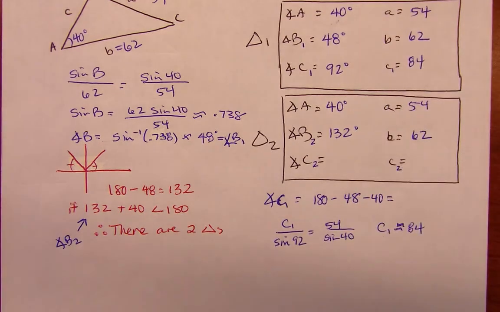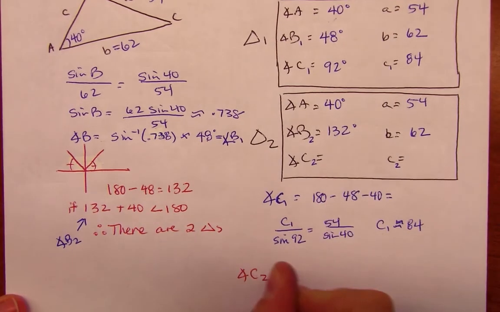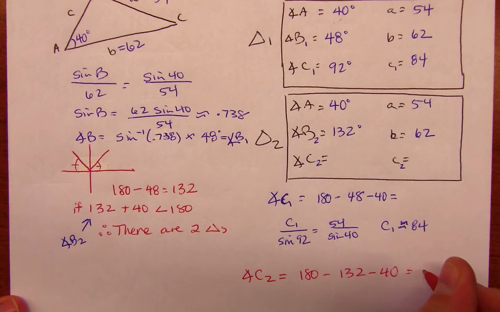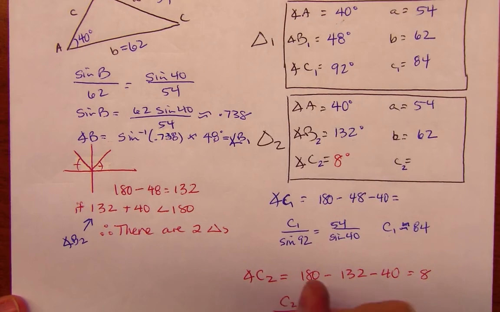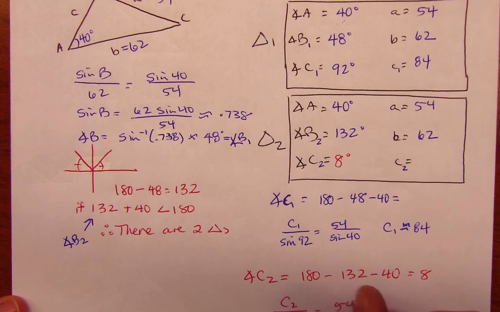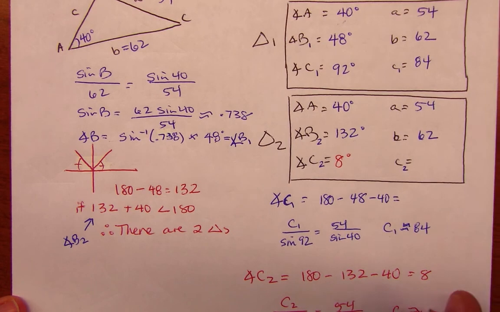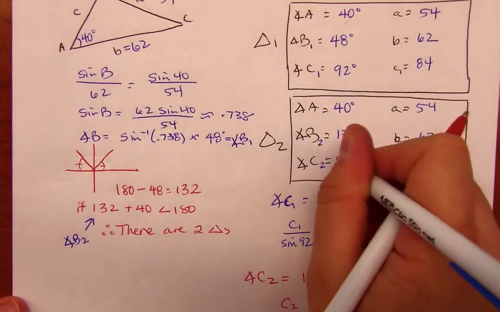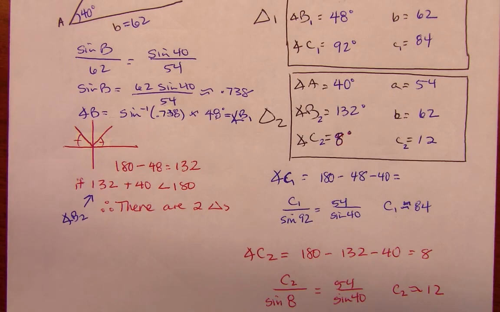Okay. Now we can do the same thing for C2. So angle C2 is 180 minus 132 minus 40, and that would be 8. And then sine of 8 equals c2 over... 54 over sine 40, and c2 will be about 12. Okay, and that's how we address the ambiguous case when we have two triangles.